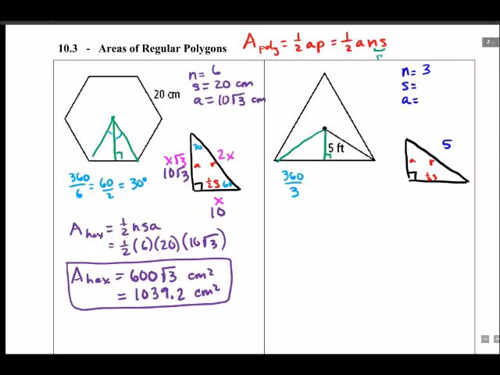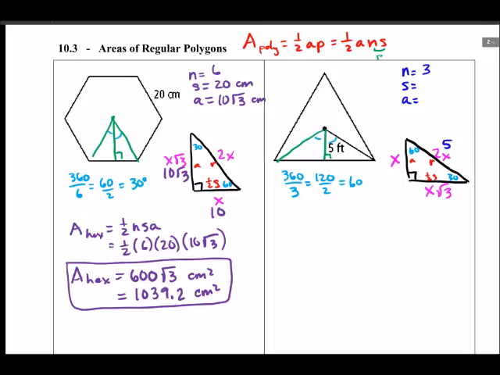360 divided by 3 sides is 120. Cut this in half here, divide by 2. So 60 degrees, 30 degrees. It's a special right triangle, but it's different from our hexagon, so be careful. It's a 30, 60, 90, but this time the short leg is here on our apothem. Hypotenuse is 2x, and half of our side length is x square root 3.